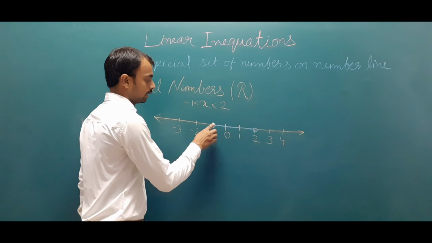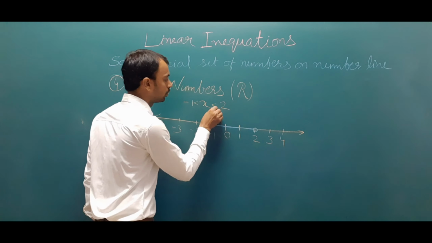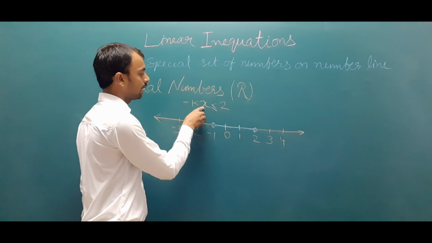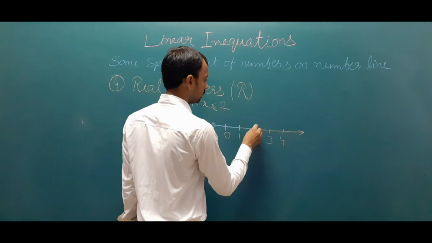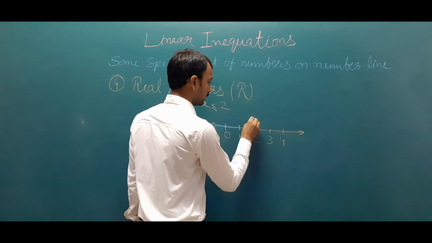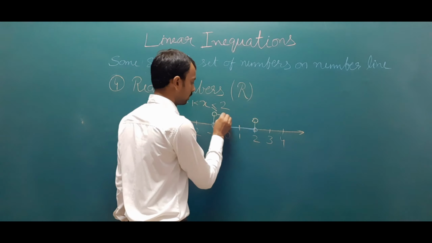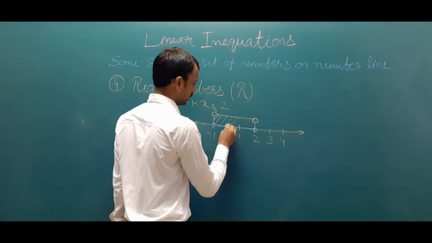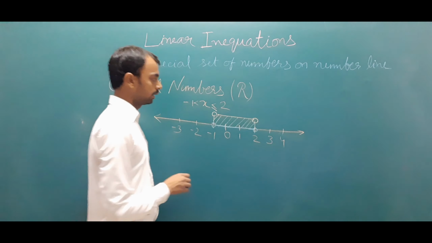Now understand this, because this is very important. If here it is equal to 2, meaning the value of x is greater than -1 but less than or equal to 2, then our solution set will be represented like this.